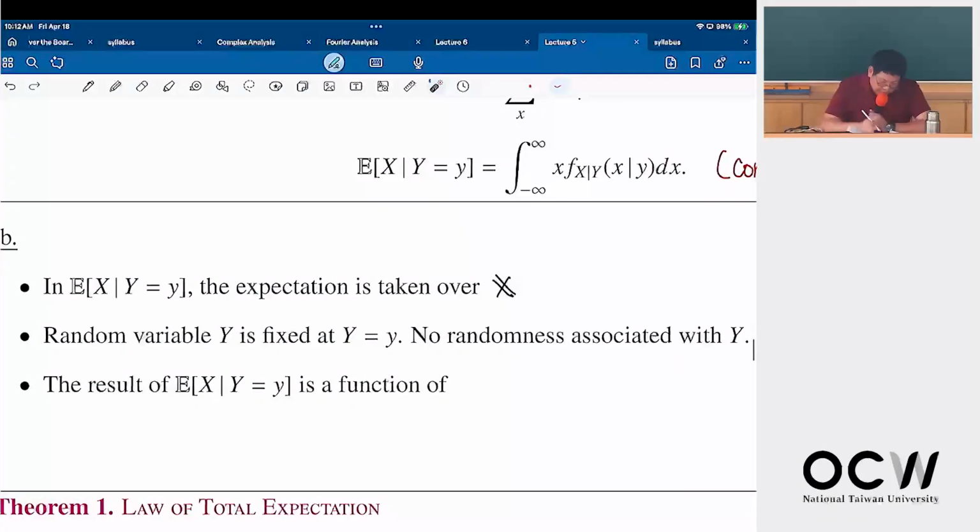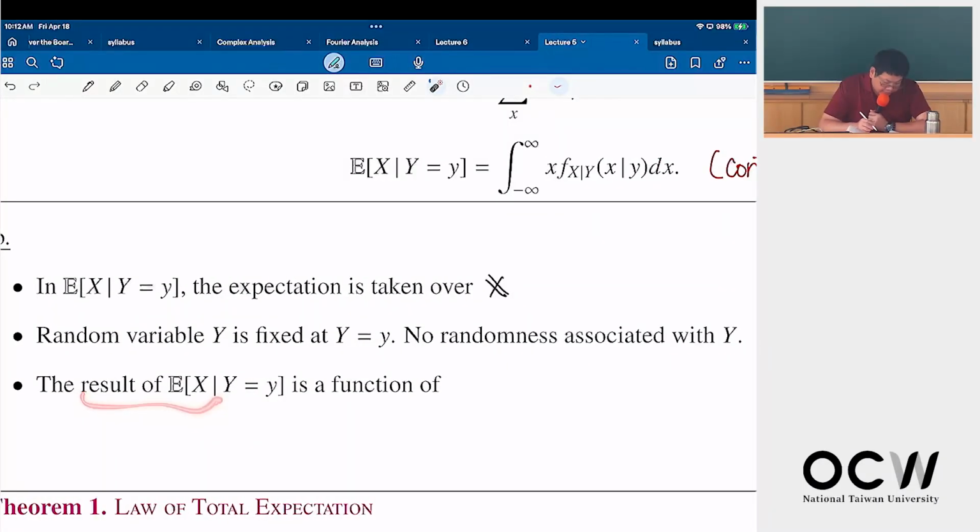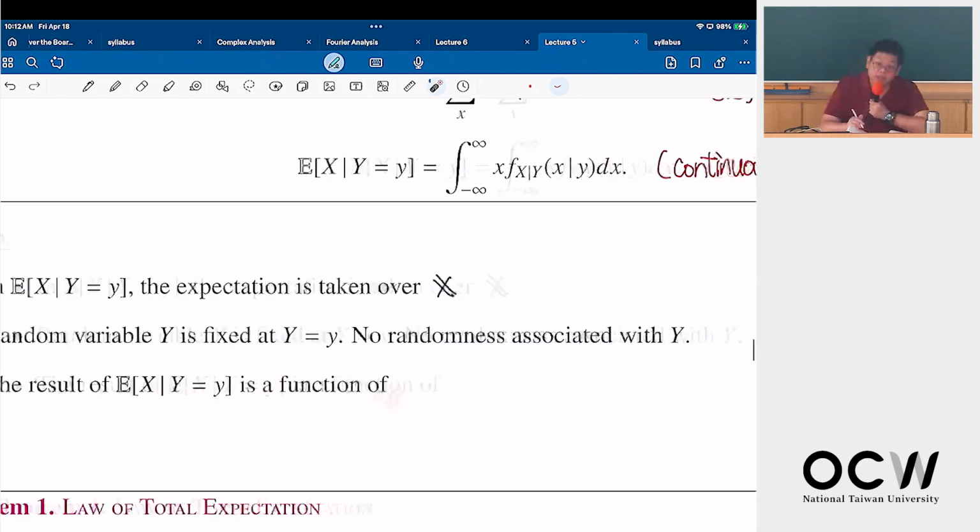So the result of this conditional expectation is a function of y. We know that the expectation of x, finally, is a constant, right?